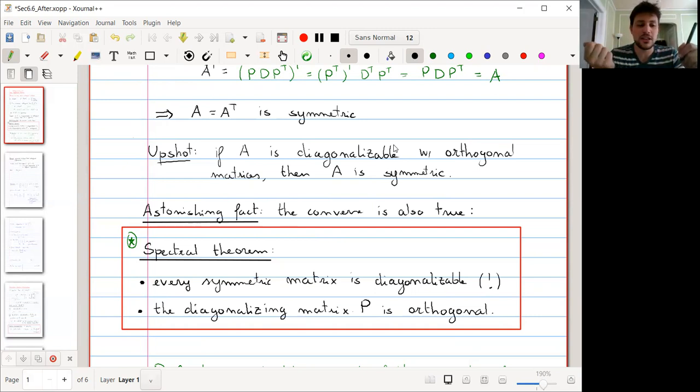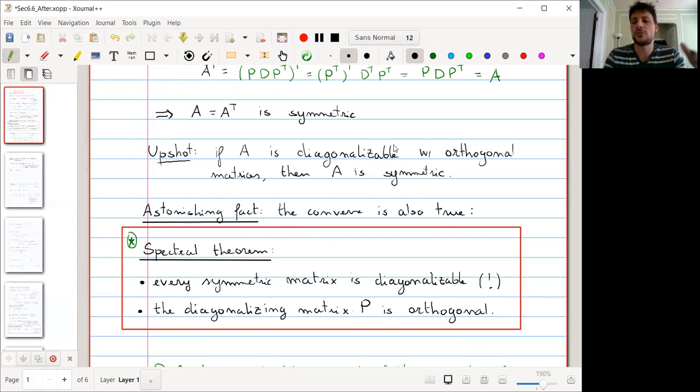And it's amazing if you think about the fact that it's really hard to diagonalize a matrix. If you think back about when we had to diagonalize matrices, that took work. You have to look at eigenvalues and count their multiplicities and look at the dimensions of the eigenspaces to know if you could diagonalize it. This theorem gives you an incredible shortcut, which is if your matrix is symmetric, then it is diagonalizable.